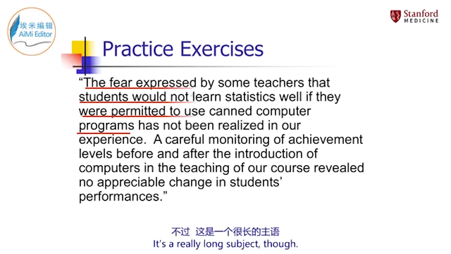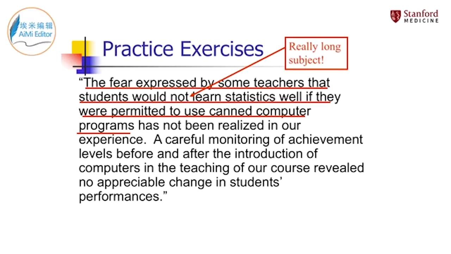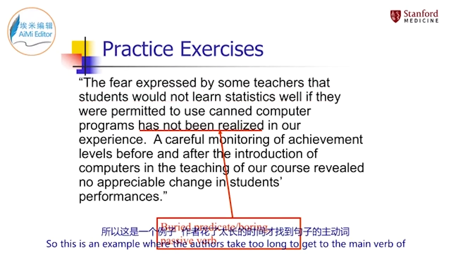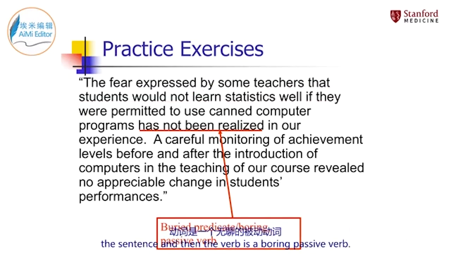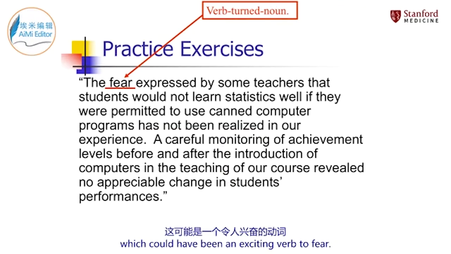It's a really long subject, though, because we don't get into the main verb or the predicate until has not been realized. So this is an example where the authors take too long to get to the main verb of the sentence. And then the verb is a boring passive verb. Also, this is an instance where we've got a noun, the fear, which could have been an exciting verb, to fear.